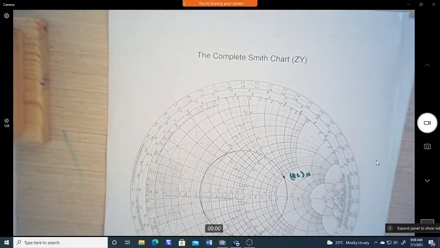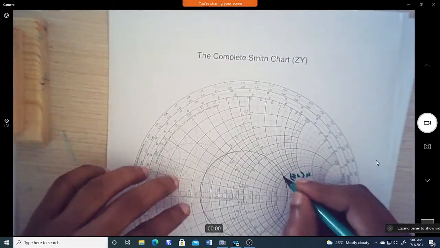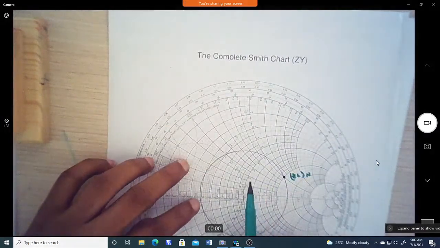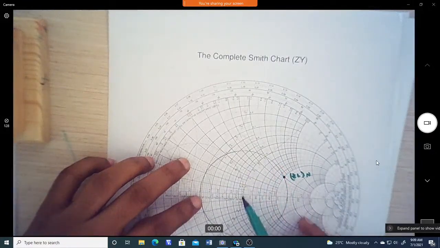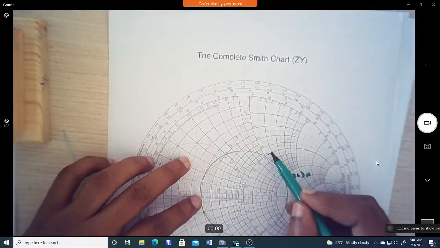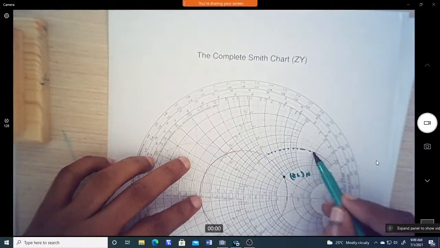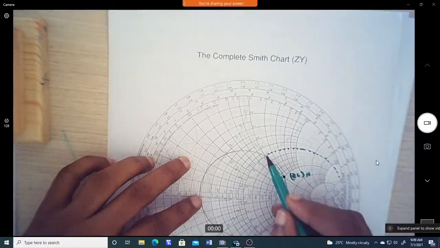Now from this point, we need to move till we reach the resistance value which is 1. So this is our unity resistance circle.